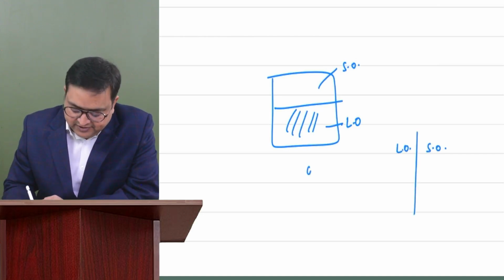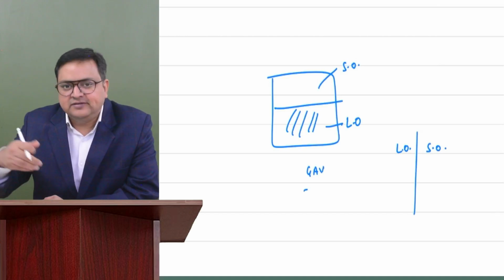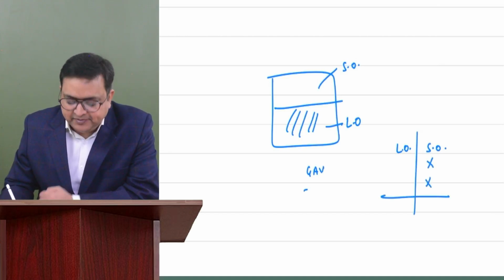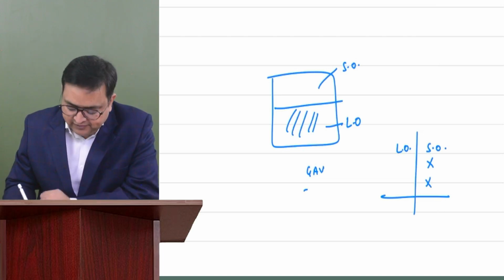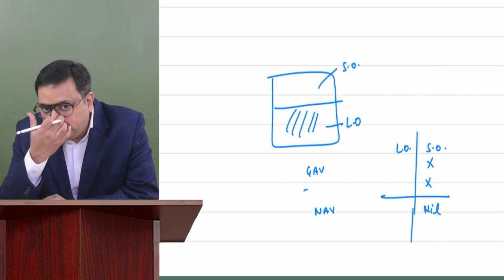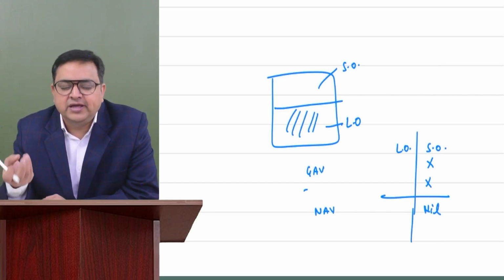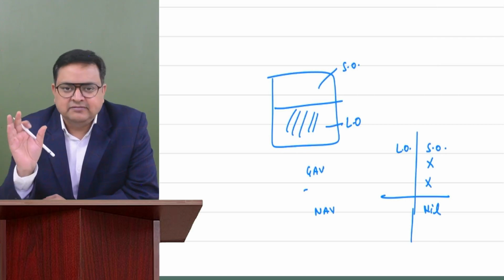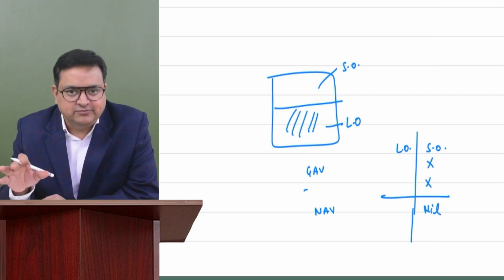We start with GAV minus municipal taxes minus NAV, etc. For self-occupied property, GAV and municipal taxes would be of no use. We'll start with NAV. For self-occupied, NAV is nil. 24A standard deduction would be 0. 24B depends on which regime you are following. If it is default, there would be no deduction. If it is optional, then maximum 2 lakh or 30,000 as the case may be. Got it?